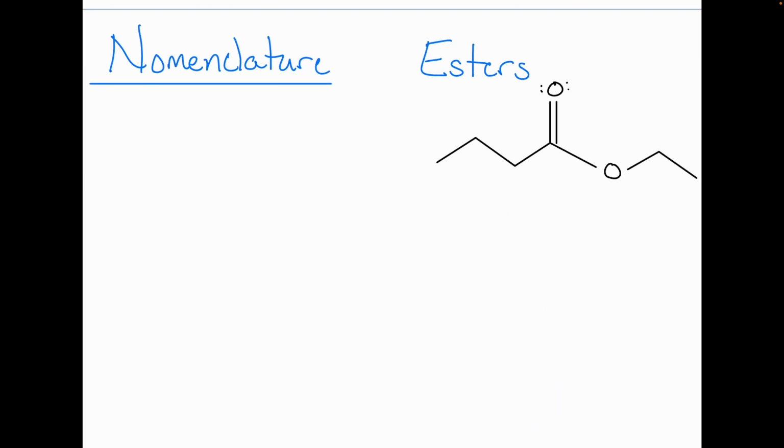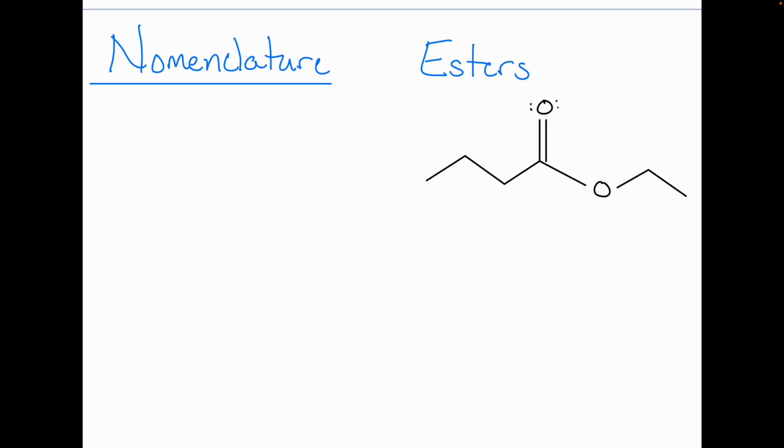And what makes esters a pain in the butt is that you've got these two halves to your ester. There are two sets of alkyl chains here, this one over here and this one over here. So first of all, when we do our parent chain, which half are we going to pick?